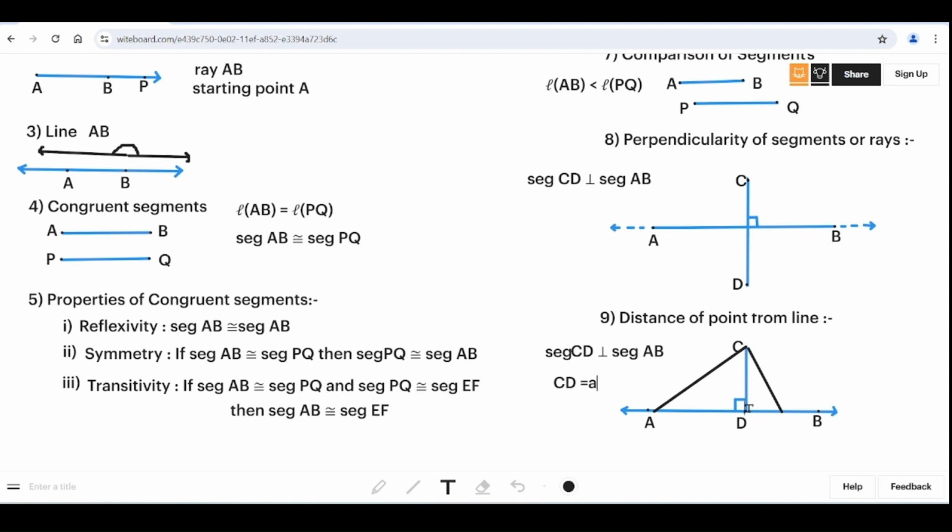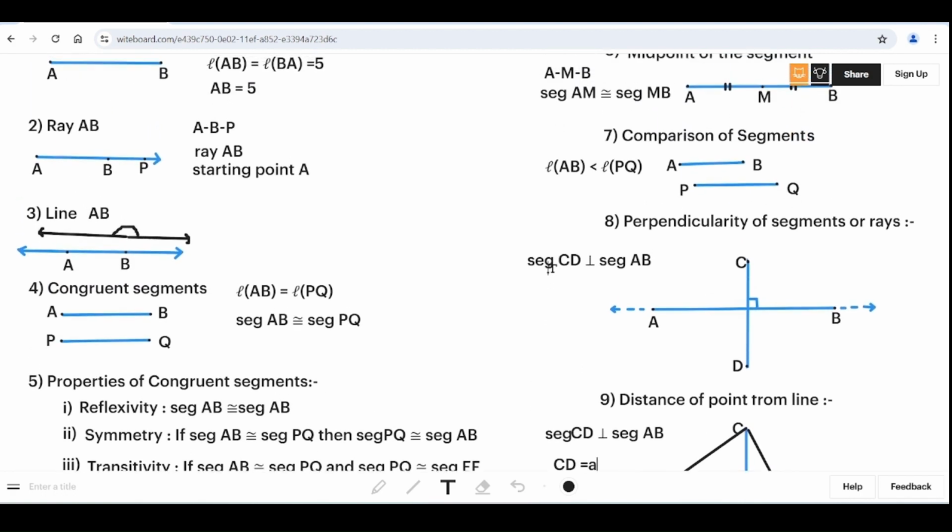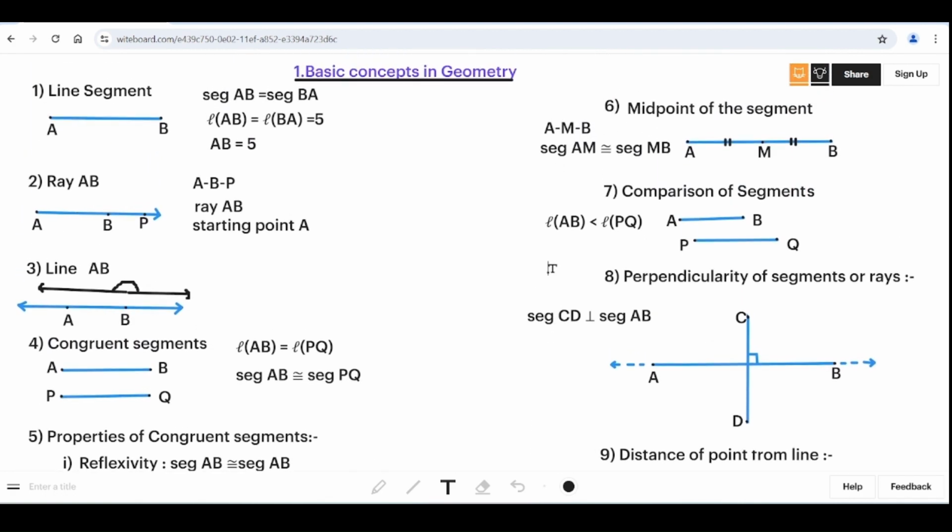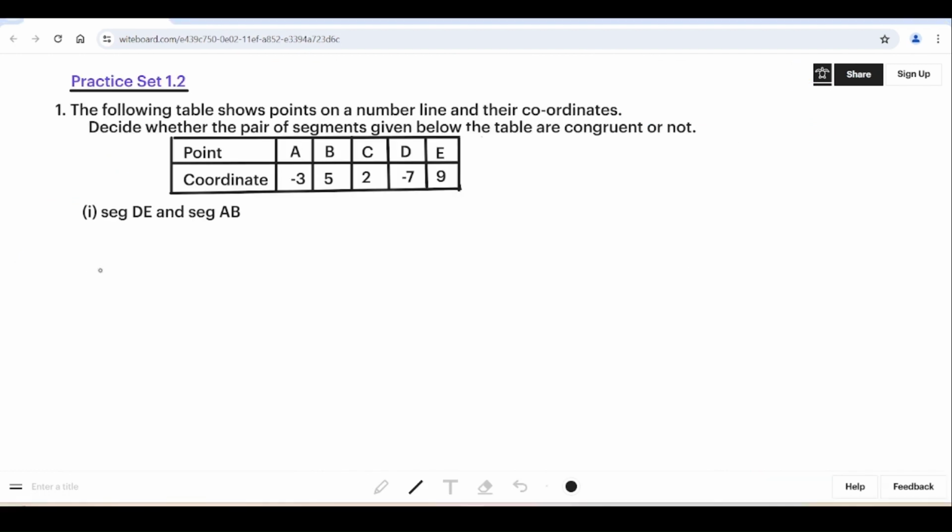Means this segment is drawn, then in CD, D is the foot point. In this way, we have completed all the basic concepts of the line, segment, ray.